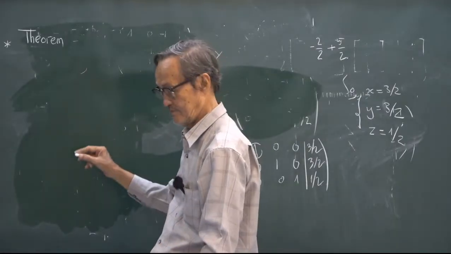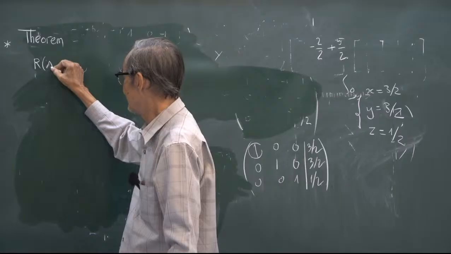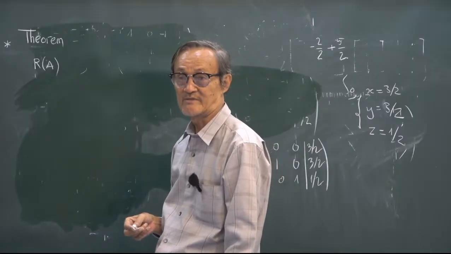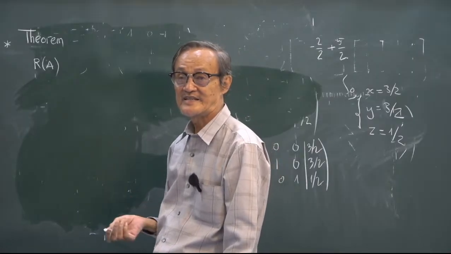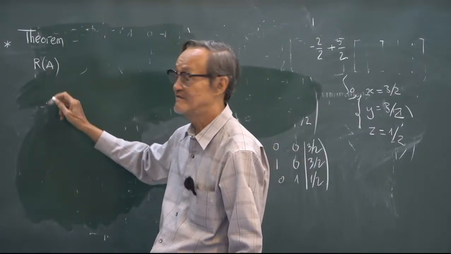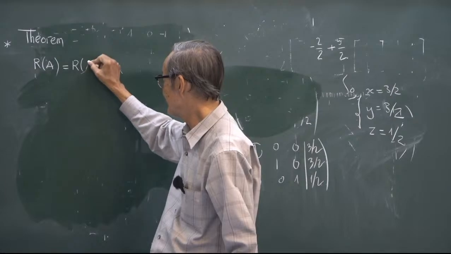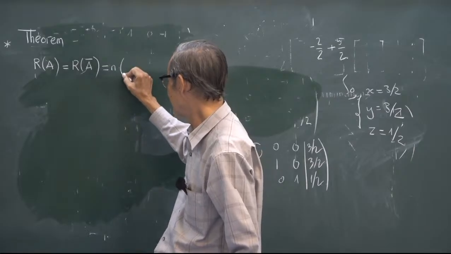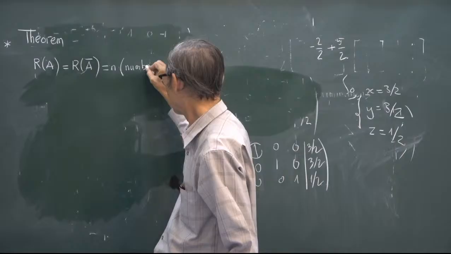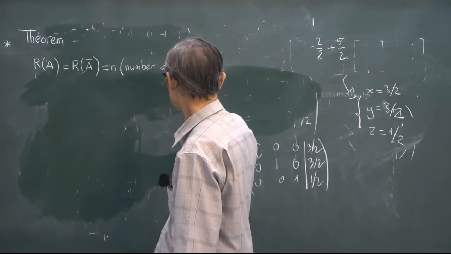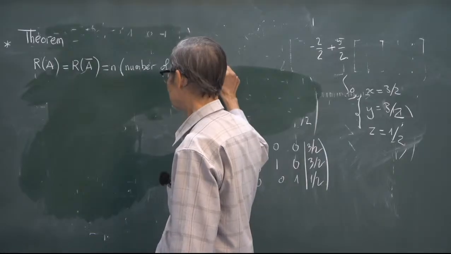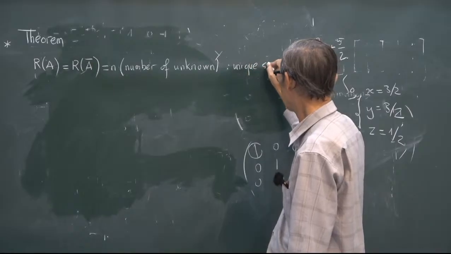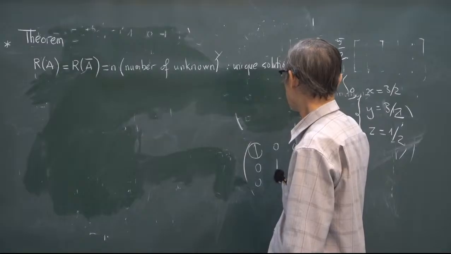Theorem: rank A, the number of non-zero rows of A after reducing it into echelon form, equals rank A upper bar equals n, the number of unknowns, and we have a unique solution.